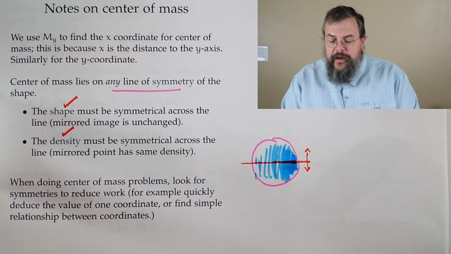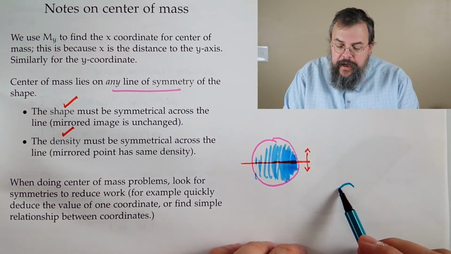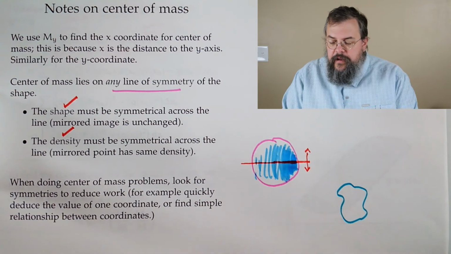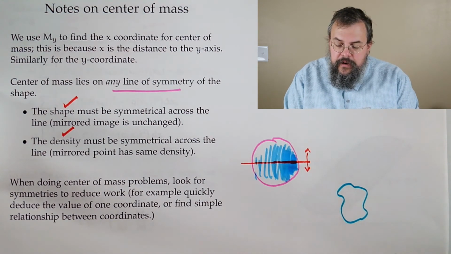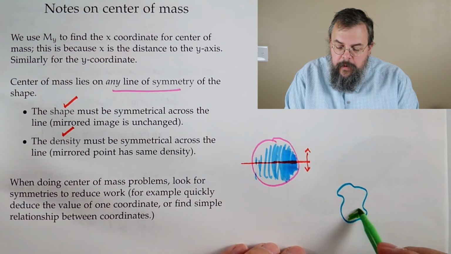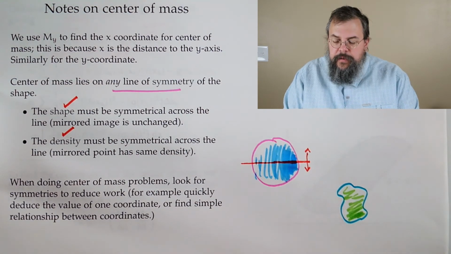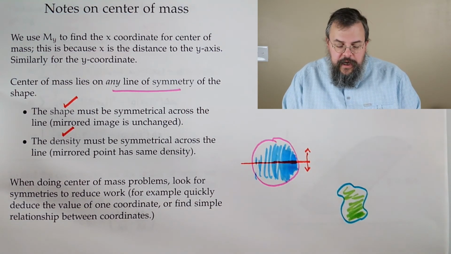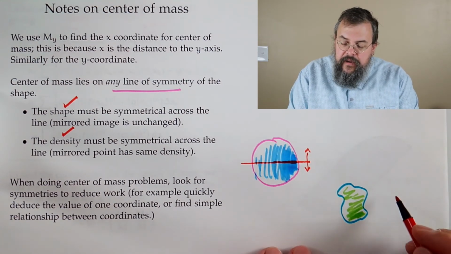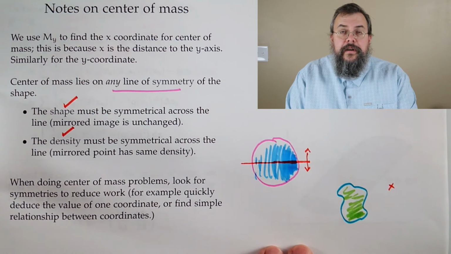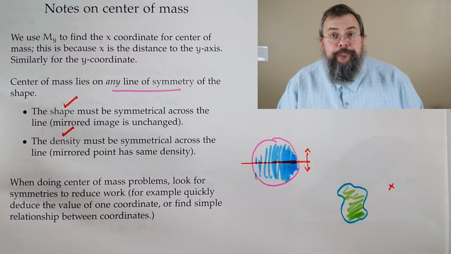Now, it doesn't mean it's in the middle of the shape, but you might have the following. You say, look, here is my shape. I have my blob. It does whatever it is. Its mass is something. It can be uniform or not uniform. But what should be true? Well, if I run the computation and I say, aha, my center of mass is over here, what can we say?